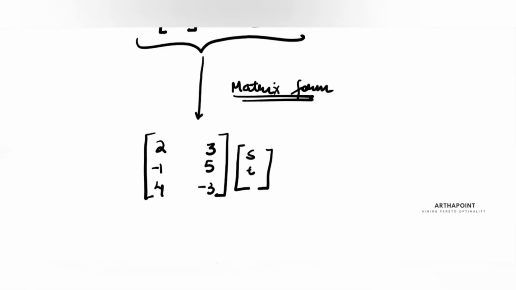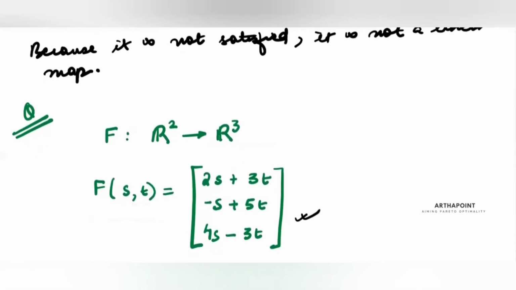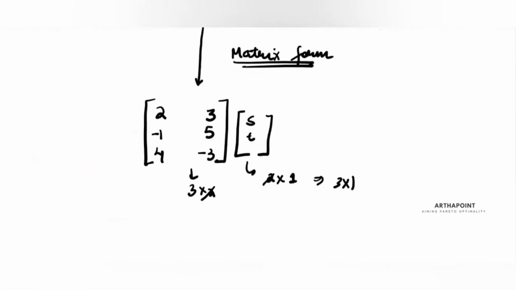So please see here, this is of the order 3 cross 2, and that's of the order 2 cross 1. So your answer would be of the order 3 cross 1. Exactly what I'm getting here, 3 rows and 1 column. So you can also write this in this matrix format.